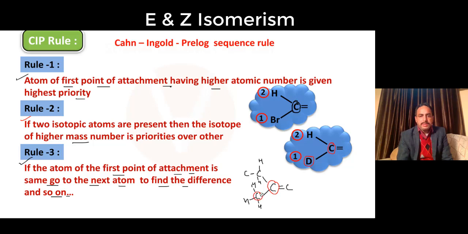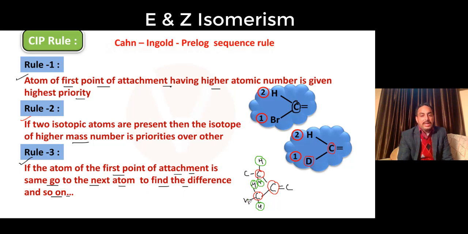The first point of attachment is with carbon, and here also with carbon. The second atom attached is hydrogen, here also hydrogen. The third atom attached is hydrogen, here also hydrogen.